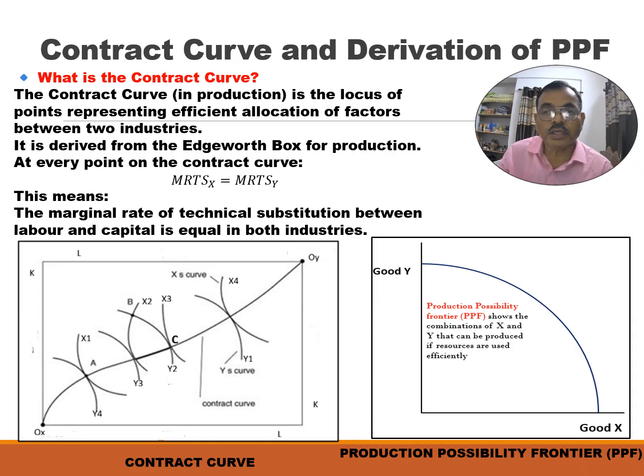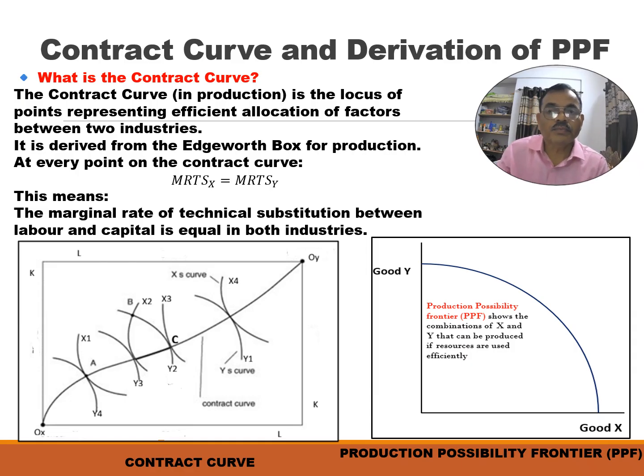Now, each point on the contract curve corresponds to a particular level of output of good X and good Y. If we take these output combinations and plot them in the output space on the right side diagram, we obtain the production possibility frontier. Therefore, the production possibility frontier is simply the locus of output combinations derived from the efficient factor allocation along the contract curve.